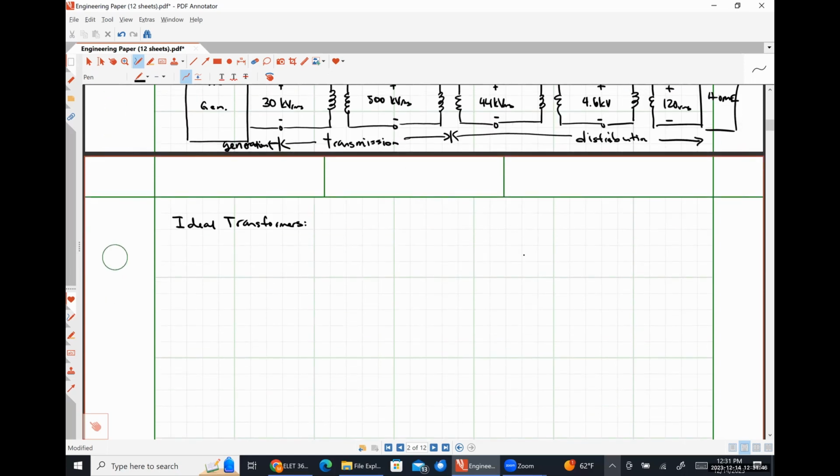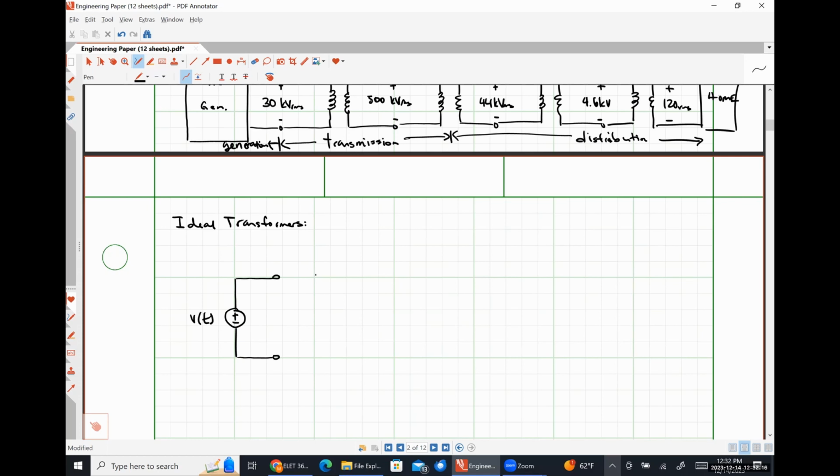I'm going to draw a simple circuit here. I've got some input voltage V of t. And this pair of terminals here are the terminals of my transformer.